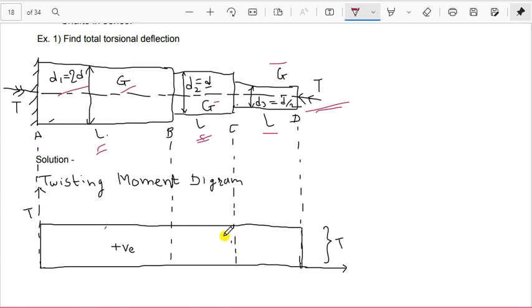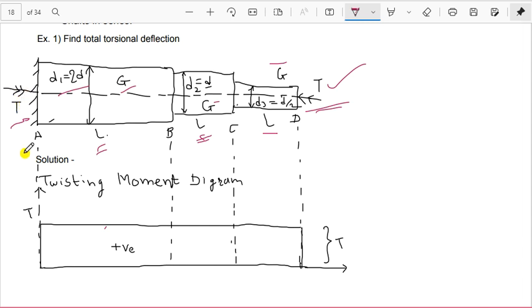So we will start from here. This is actually a resultant torque which will try to balance the applied torque. This is the applied torque. If we start from the right hand, you can use the right hand thumb rule.